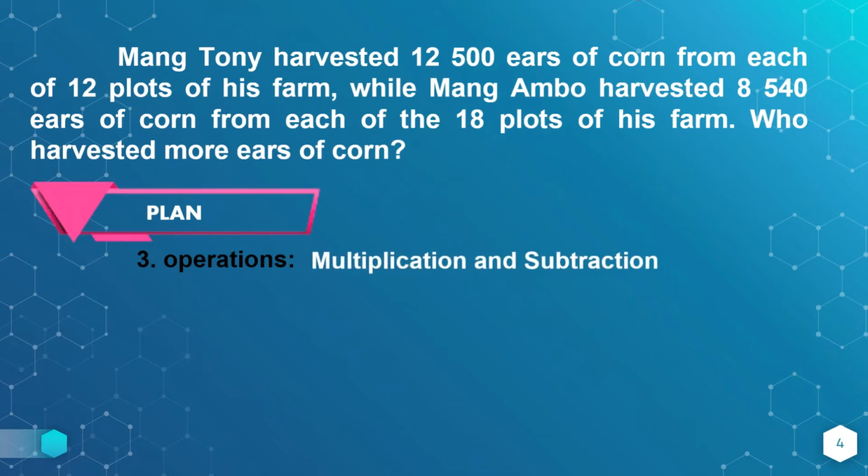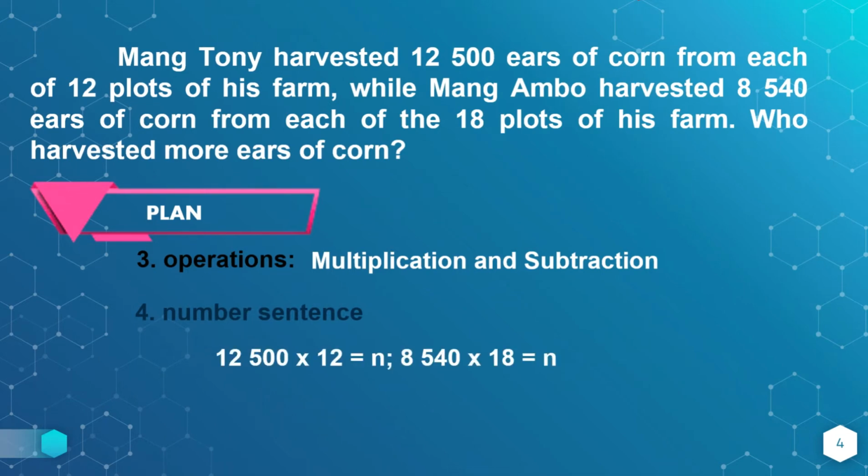And also, we have to subtract to know who among of the two harvested more. Next is the number sentence. So we have 12,500 times 12 equals n for Mang Tony, 8,540 times 18 for Mang Ambo.